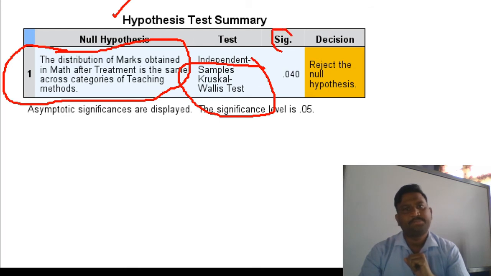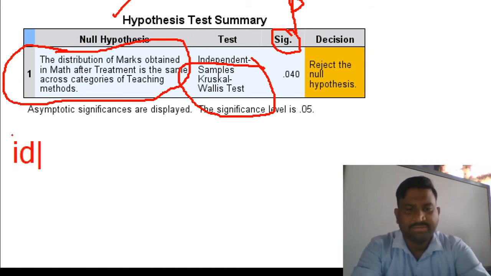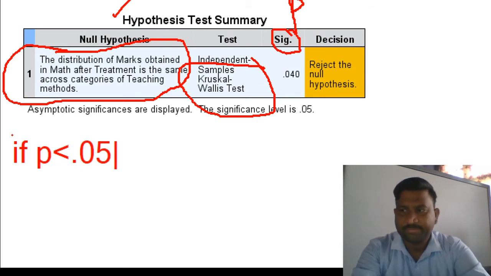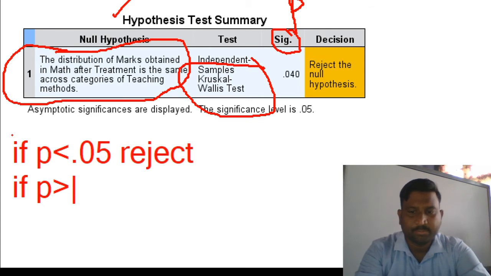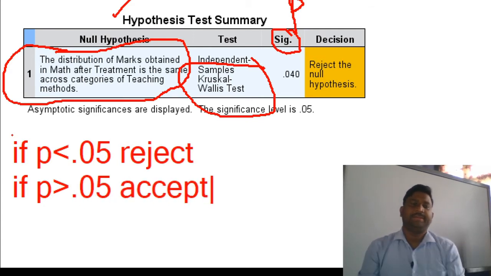This is called P, the significance value, P. And we know if P is less than 0.05, we reject the null hypothesis, and if P is greater than 0.05, we accept the null hypothesis.